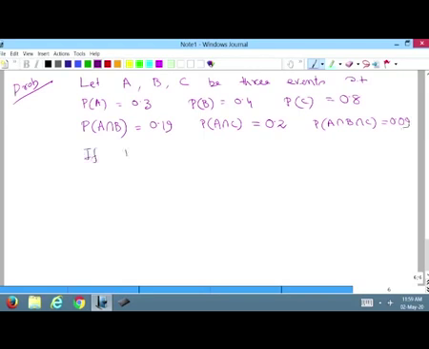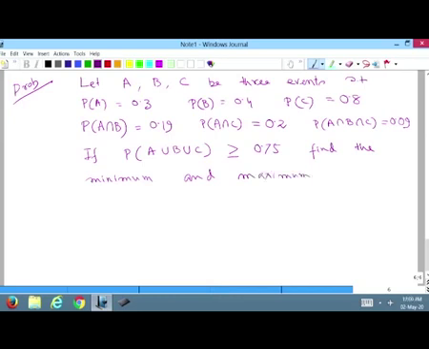If probability A union B union C is greater than equal to 0.75, find the minimum and maximum value for probability B intersection C.